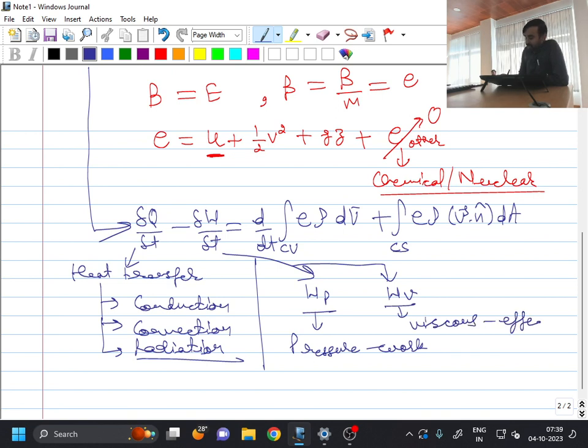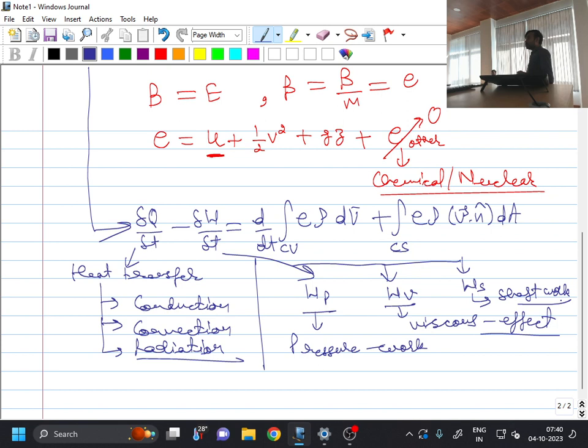And if I have a closed mass system, then I have displacement work also. But over here, whenever we talk about the fluid dynamics approach, we are always referring to a control volume approach, which is of fixed size. There another important work comes into the picture, which we call WS, in other words shaft work.